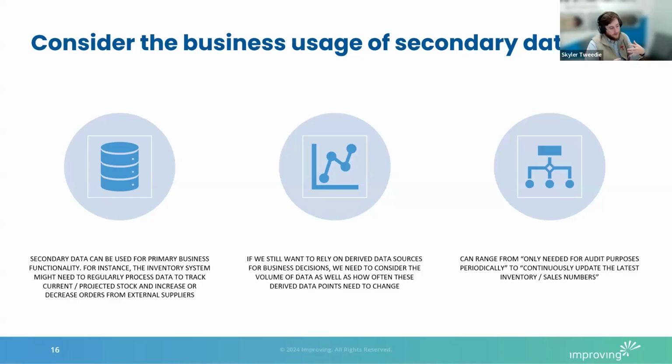Now, those use cases can range from, oh, I have this data that doesn't change very often, so I can actually run a process once a month, once a year, maybe, to, oh, I need to continuously be updating this because I need to know the current up-to-date value of stock and inventory. Now that's one of the more strict, more high intensive use cases for data processing, but modern tooling allows us to do that if we need to. But it's one of those things that you need to be almost baking into your initial system architecture when determining that.